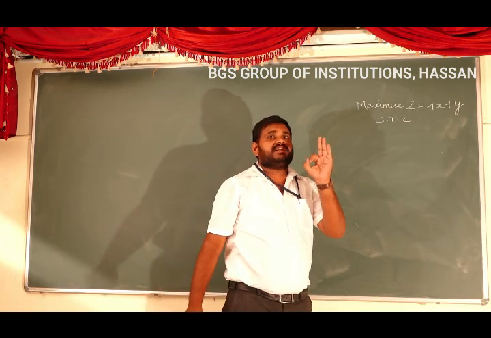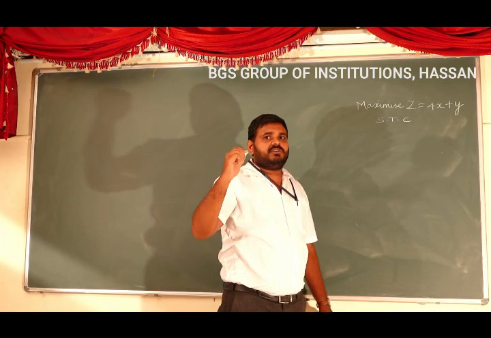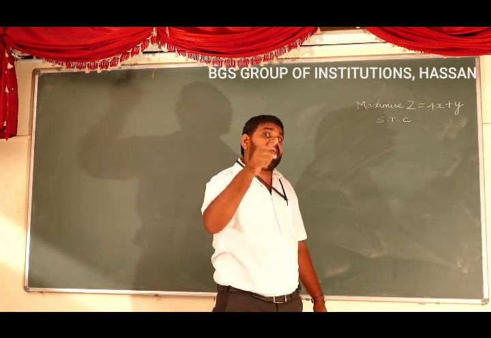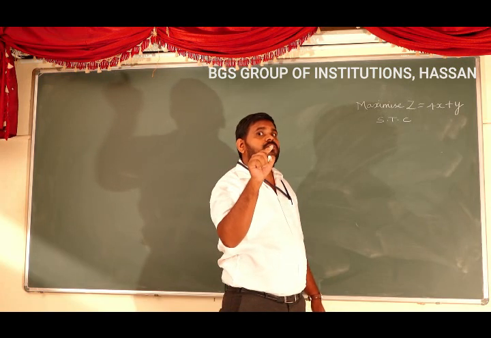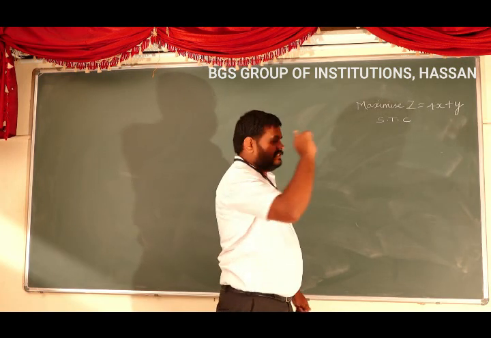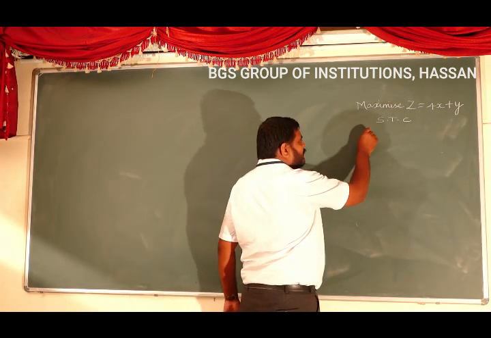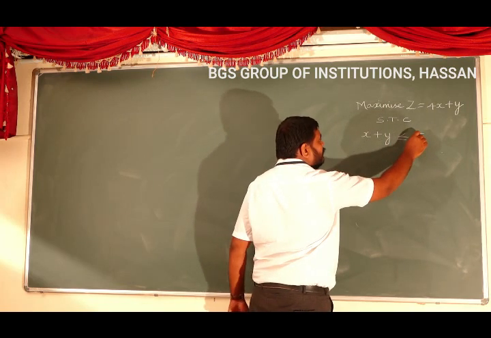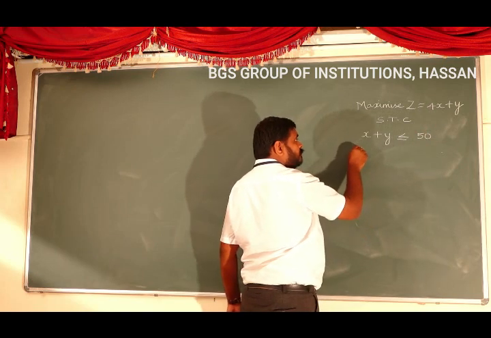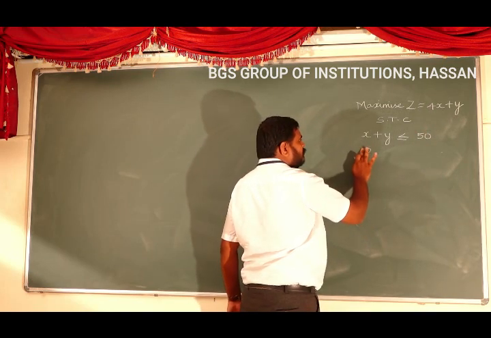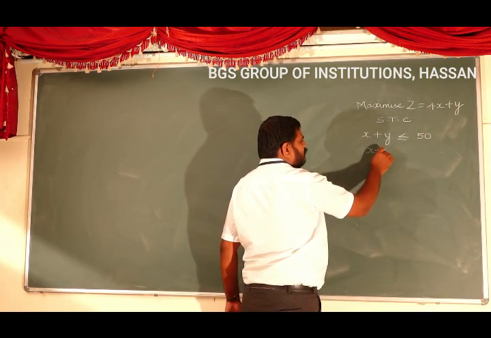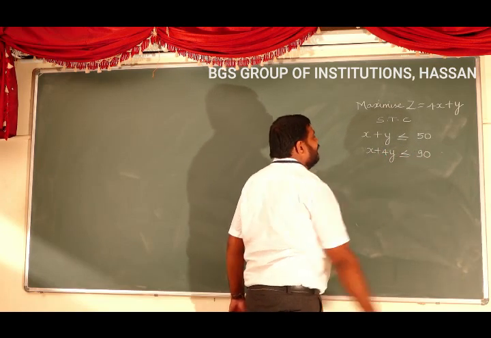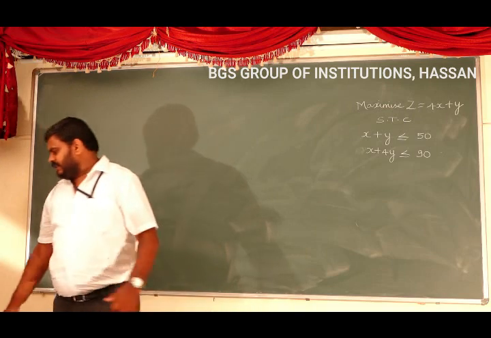Subjected to constraints. Subjected to constraints is subject to the conditions. Whatever the condition I am giving, what is the condition I am giving right now? Yes. Let me give a condition saying x plus y is less than or equal to 50. And also x plus 4y is less than or equal to 90. Let us give a condition.